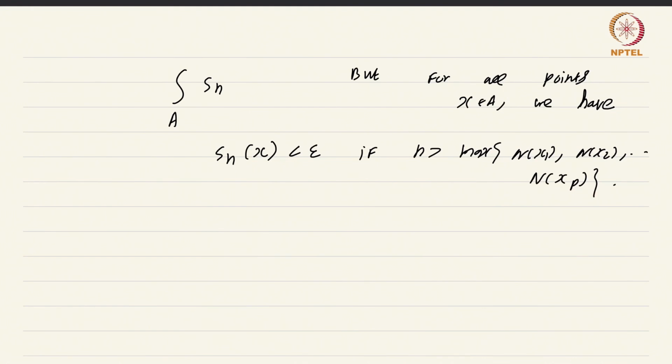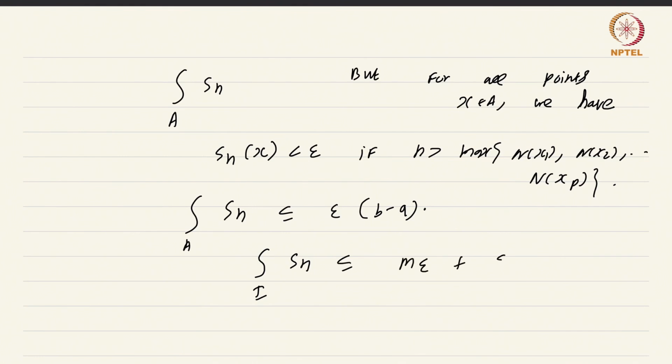So we have S_n(x) less than epsilon, which means that the integral of S_n over A is less than or equal to epsilon times (b minus a), because the net length of the interval A will be less than b minus a. So what this shows is that the integral of S_n over I is less than or equal to M epsilon plus epsilon (b minus a). And by the K epsilon principle, which we are invoking after many lectures, we are done.